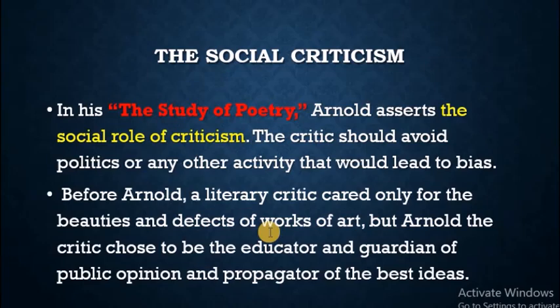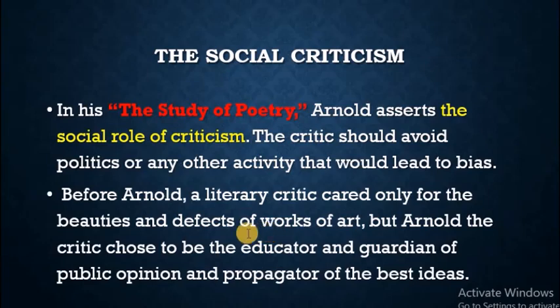For example, I'm going to have this poem or a novel, and I will try to see what are the good points, the negative points, the positive things about maybe the structure, the form, the ideas, the themes, the characters, and the critic is going to give an account for what he sees is good or bad about this work of literature.